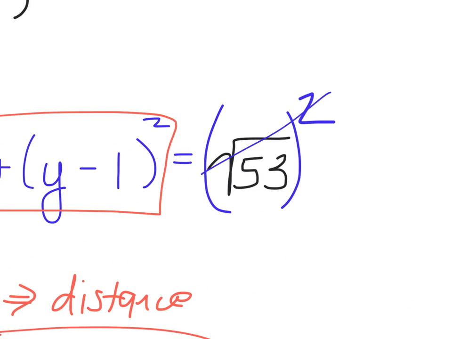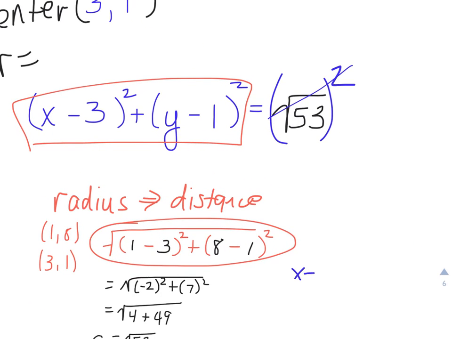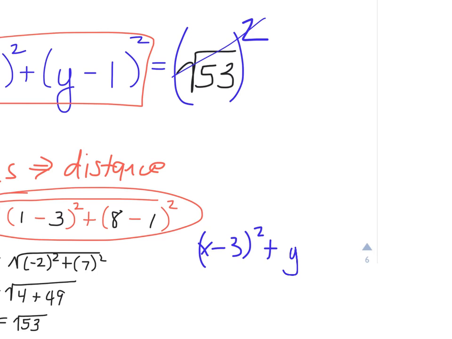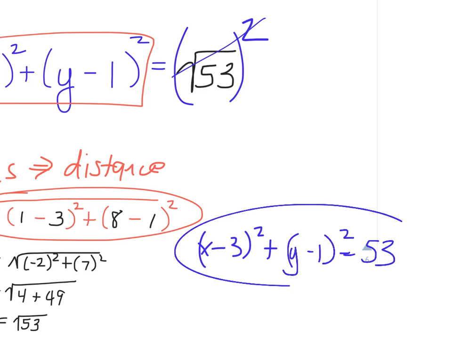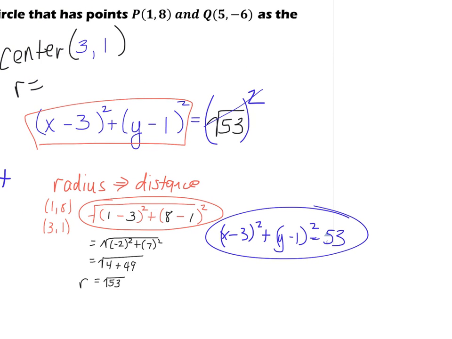It cancels out. So it's just going to be (x minus 3) squared plus (y minus 1) squared equals 53.